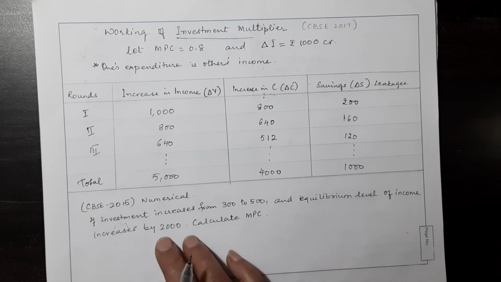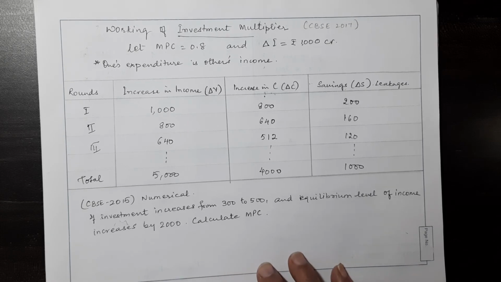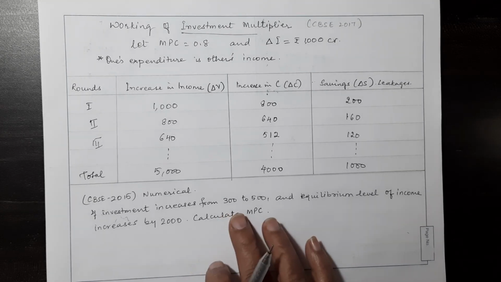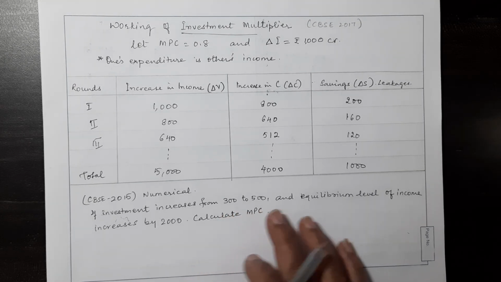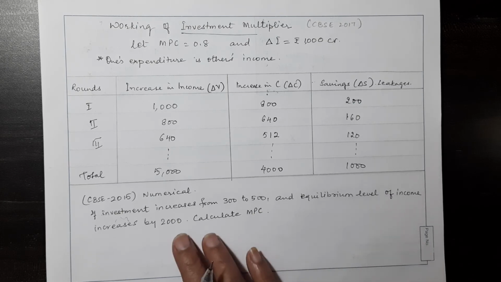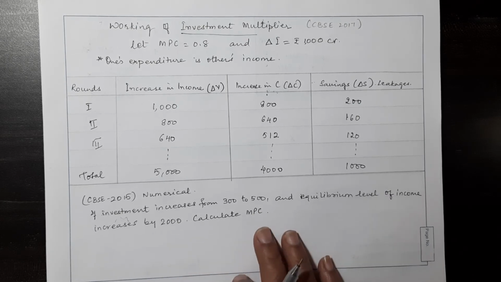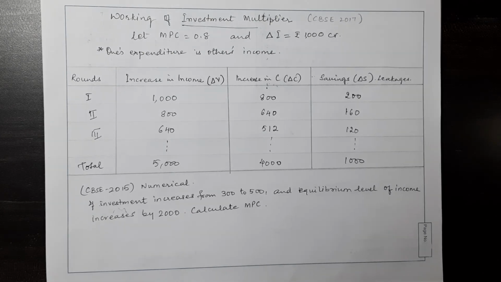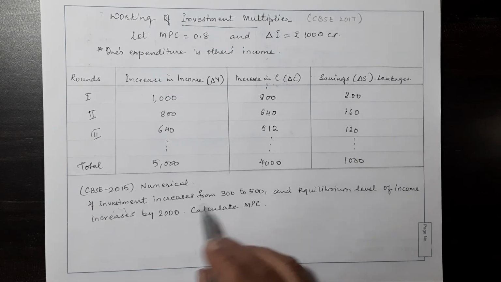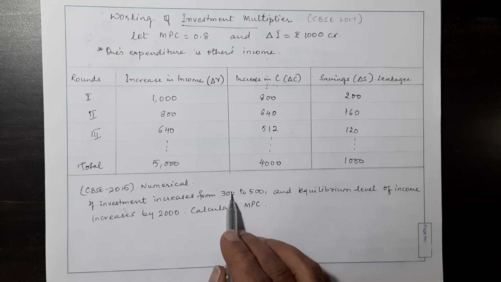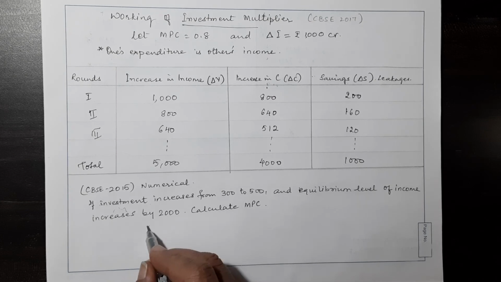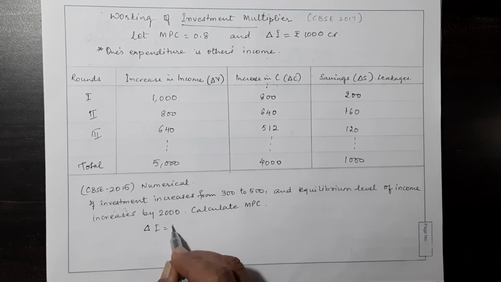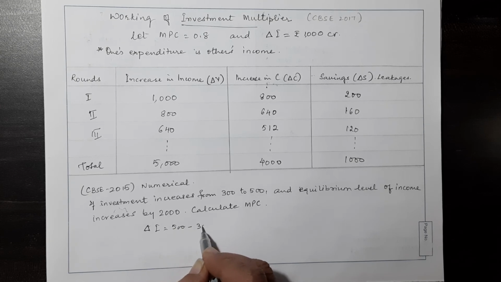Now let's look into one numerical before we close. If investment increases from 300 to 500 crores and the equilibrium level of income increases by 2000 crore, calculate MPC. This was a CBSE 2015 question paper. From this question we understand investment is increasing from 300 to 500. It means that delta I is equal to 500 minus 300, equal to 200 crore.